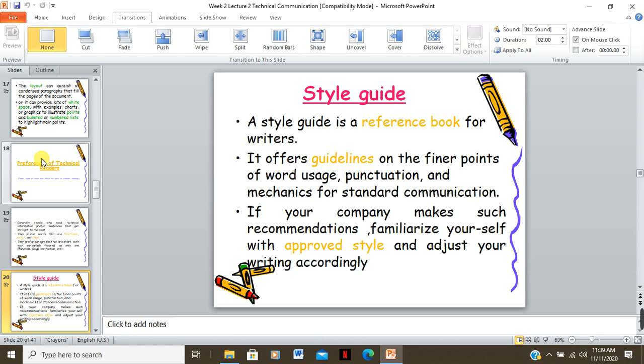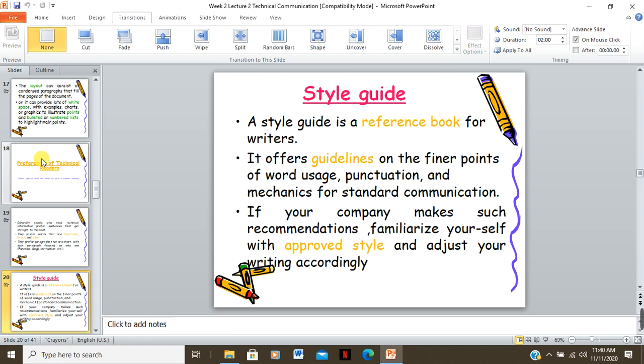But if you go to some other university, the students there might be using some other design for compiling their theses, and that may be MLA, right? That can be Chicago style. That can be some other approved style of communicating or writing those documents in the form of theses.